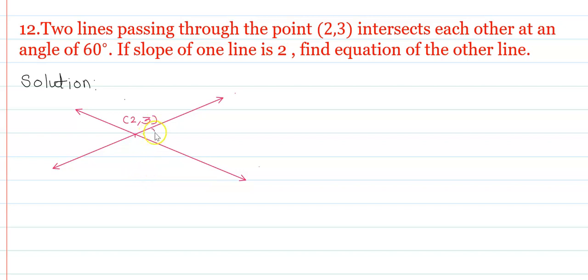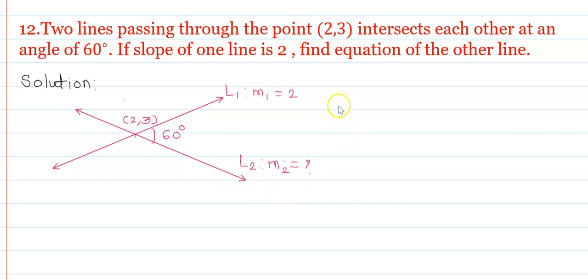The measure of the angle between them is 60. Suppose the line 1, its slope m1 is 2, and we want to find out the equation of the line L2. Also its slope, okay, it is a question mark.